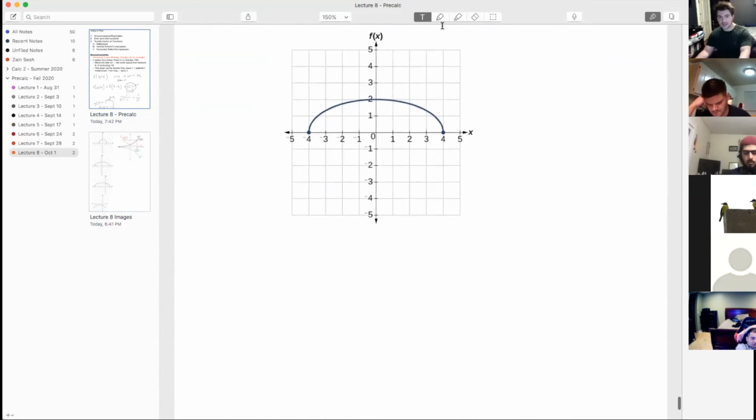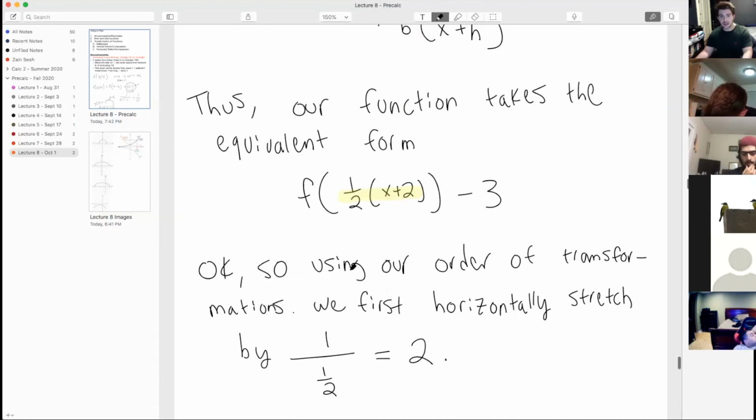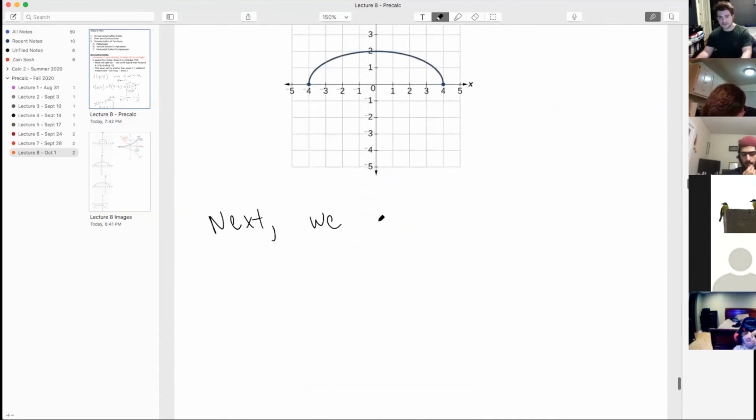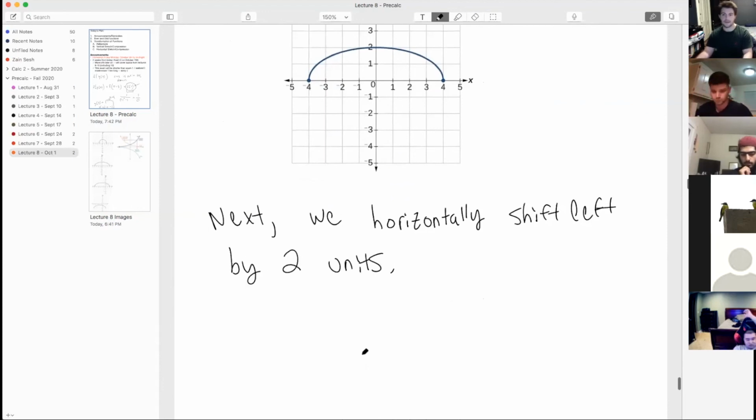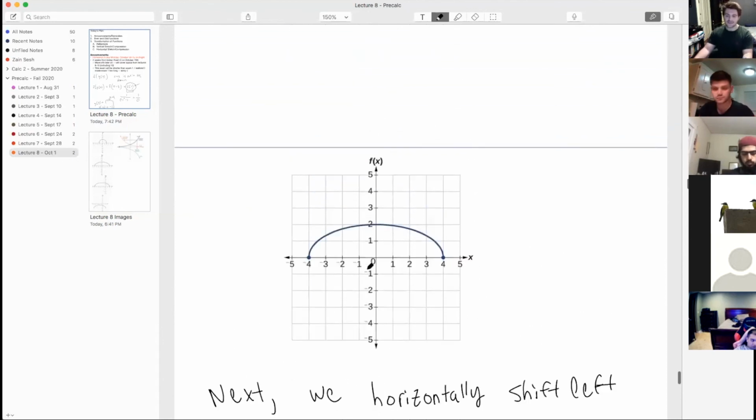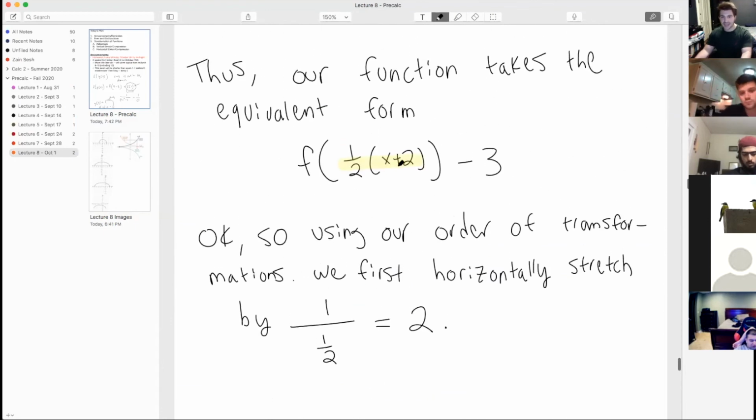Okay, now following the order that I outlined above, next we horizontally shift left by 2 units. It's to the left 2 because I have x plus 2.